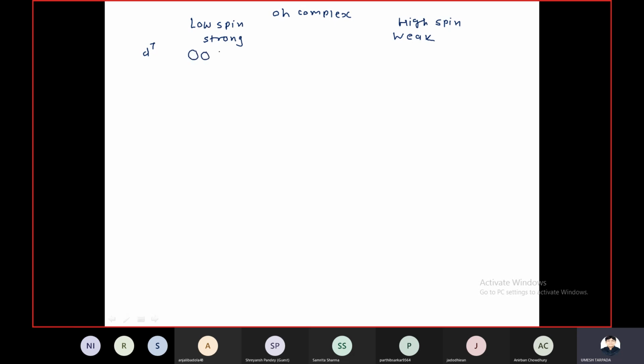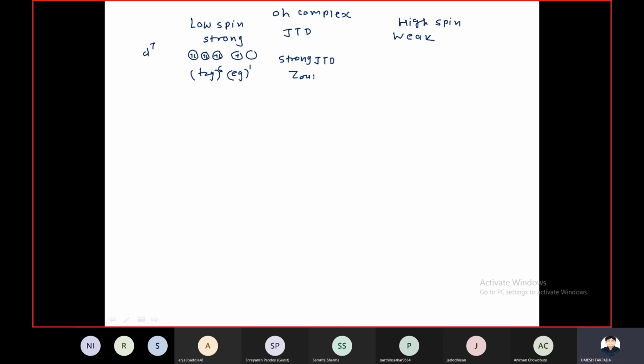So here you can have a T2g6 eg1. The eg orbital is unsymmetrically filled, so you can have a strong Jahn-Teller distortion.